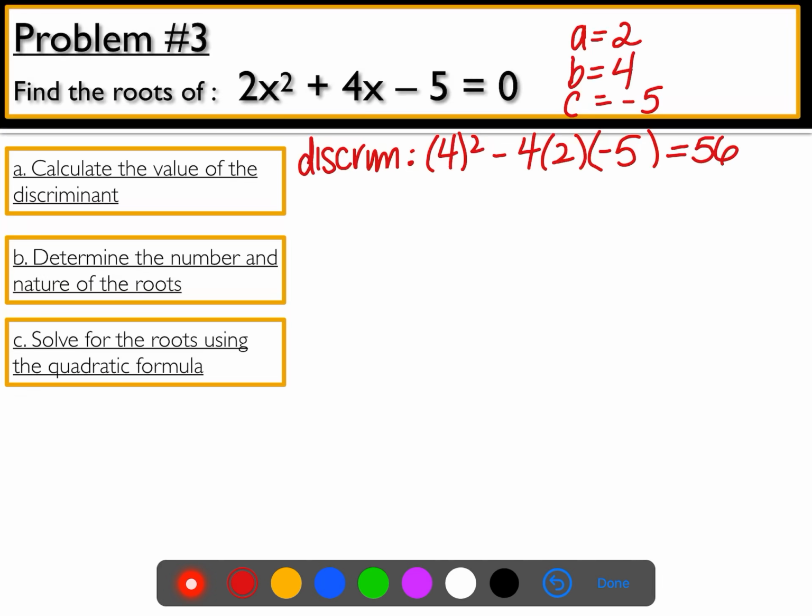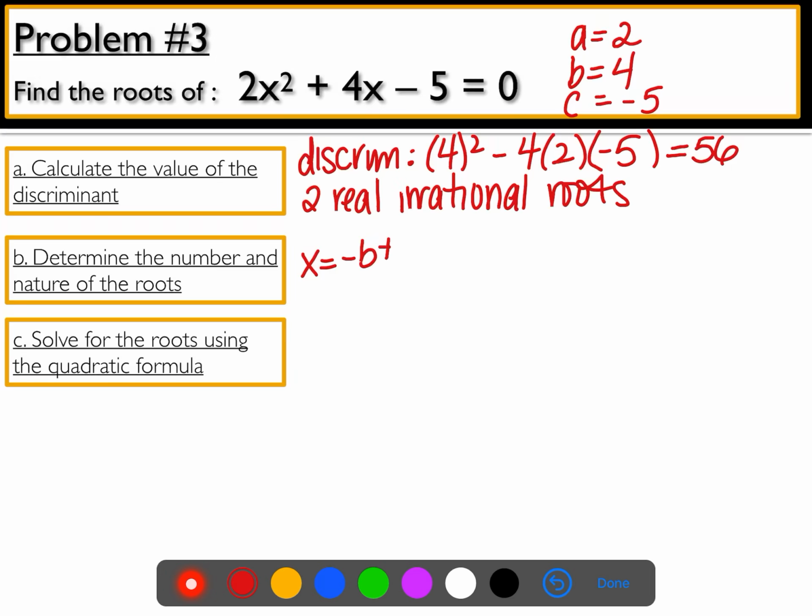Okay, 56 is going to give us 2 real irrational roots. Okay, so if you want to compare this to solve by graphing, 2 real irrational roots is when we had those estimated roots and we identified between what 2 whole numbers it crossed.